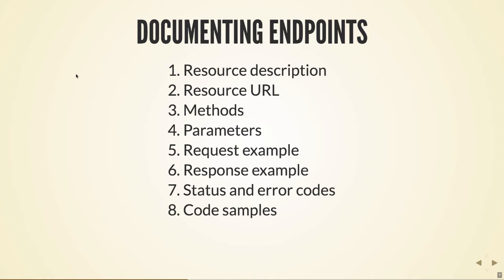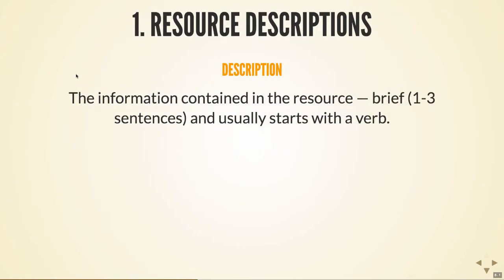They may not always indicate all the status and error codes, but most of them should do that at least somewhere. So as you go through API documentation, you can create a little template like this and start filling in the blanks for each one. I'm going to go through each of these, and we're going to briefly see what they're all about.